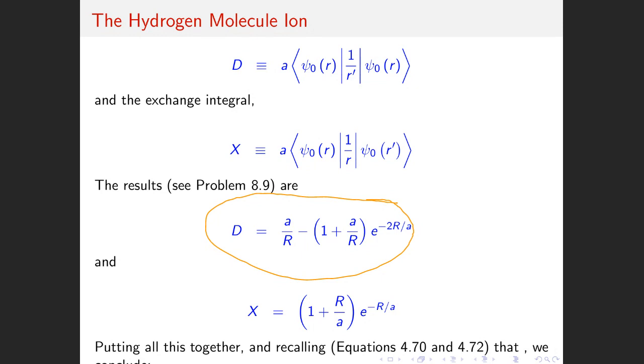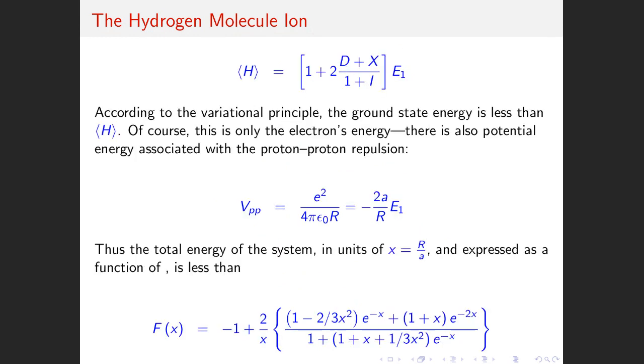But the point is that what you notice is that these parameters depend on this r over a. So just change notation and call r over a your x. Then once you put everything in terms of this exchange and the direct integrals, you end up with this function, and you try and plot this function.